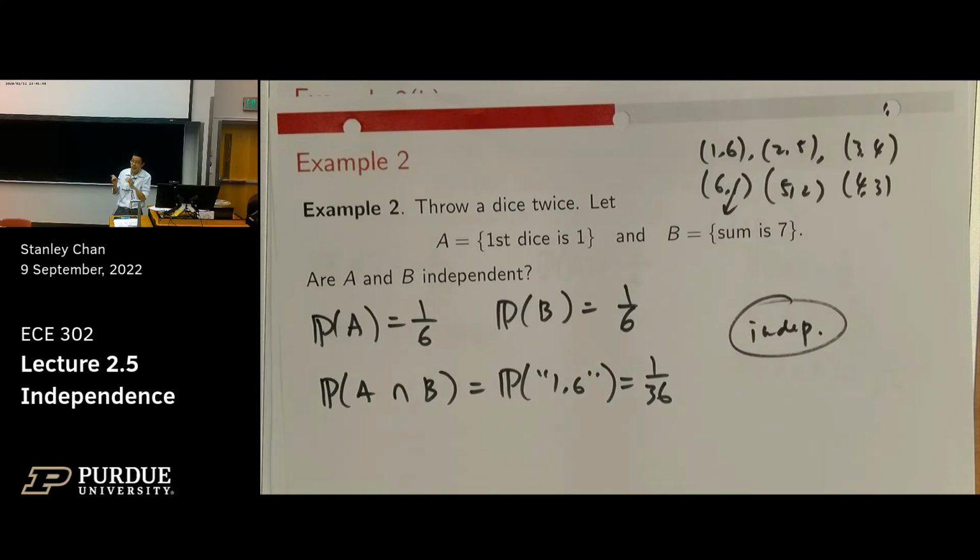So clearly, this notion of sum is interacting with the first dice. There is an interaction. You clearly see that. Intuitively, we would believe that there will be dependency, but mathematically, there isn't any dependency.